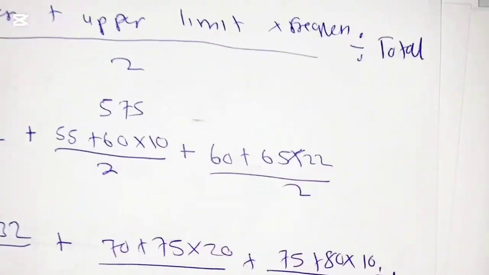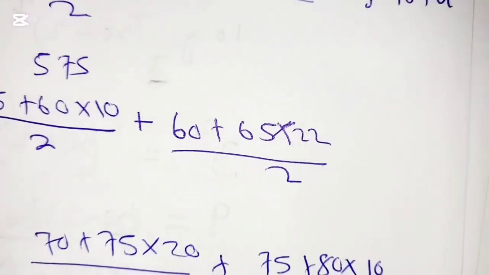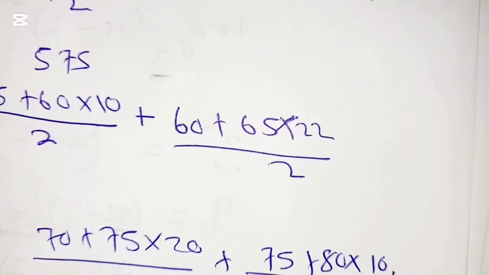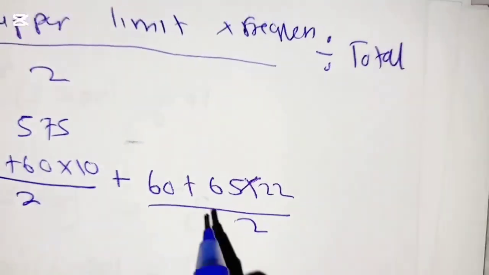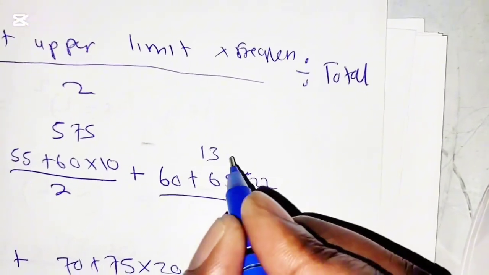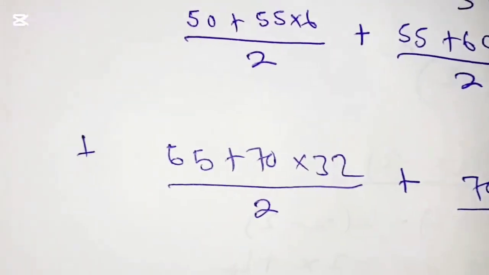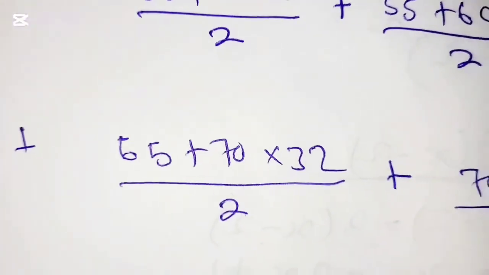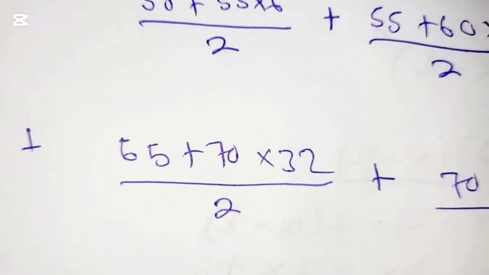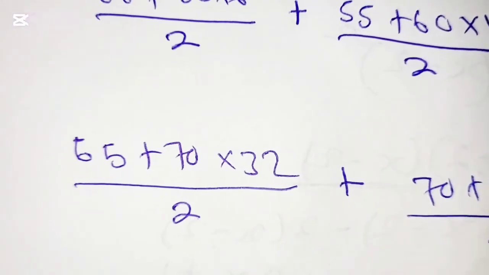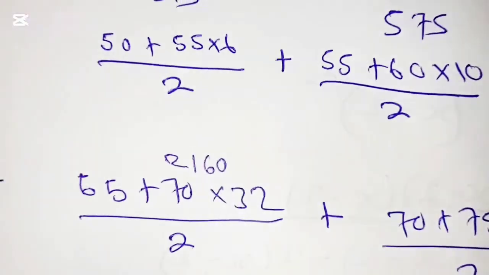575. Then another one, 60 plus 65, equals, times frequency 22, equals, then divided by 2 to get 1375. And another one is 65 plus 70, equals, times 32, equals, divided by 2 to get 2160.